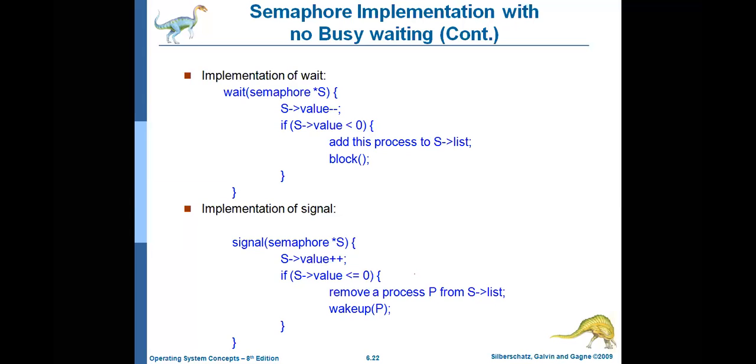After that, it will perform the signal operation, like that. So all the remaining processes that want to enter the critical section, if one process is already in the critical section, will be added to the list based upon the semaphore value. Okay, that is the thing.